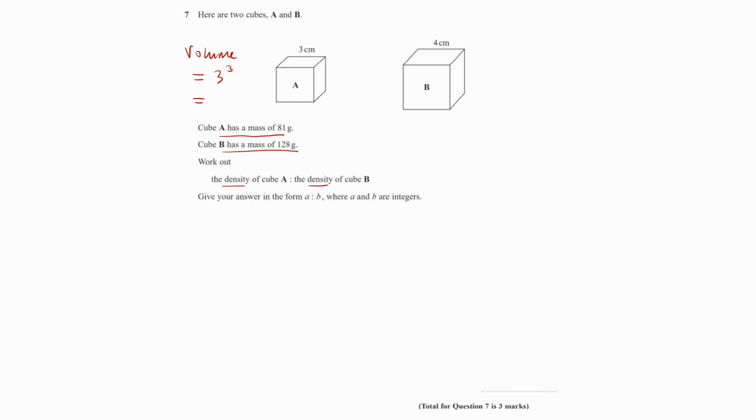So that's 3 times 3 times 3, so that is 27. And the volume here is 4 cubed, which is 64.